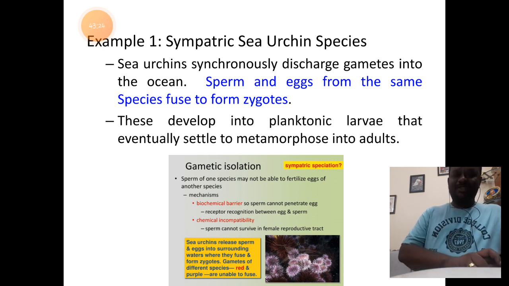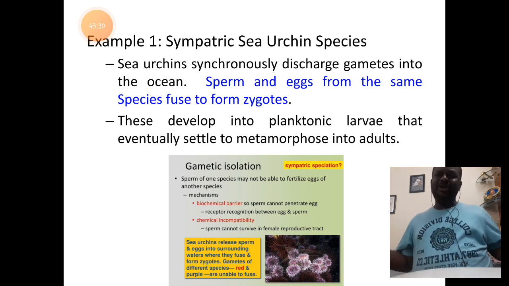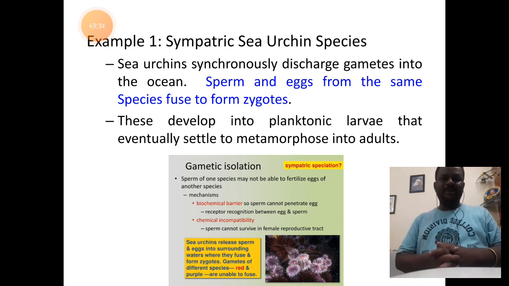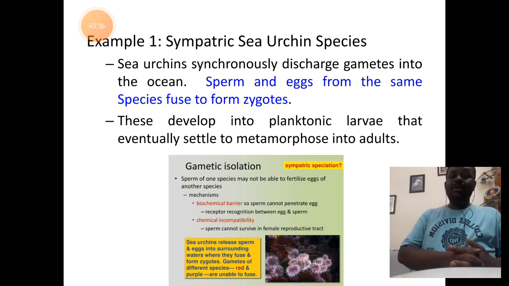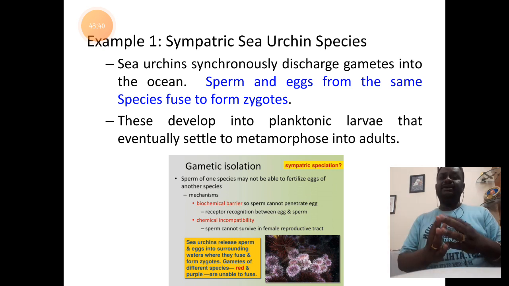An example is the sea urchin species. Many sea urchins that live in gregarious groups, meaning to say in large groups, discharge their gametes into the ocean. Sperms and eggs of all the species will enter the water.